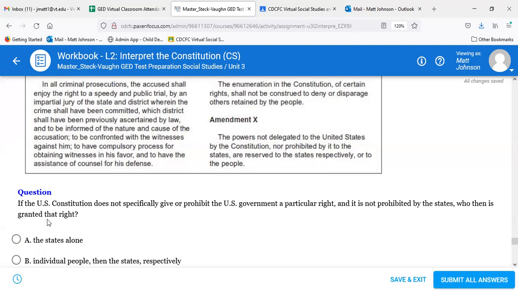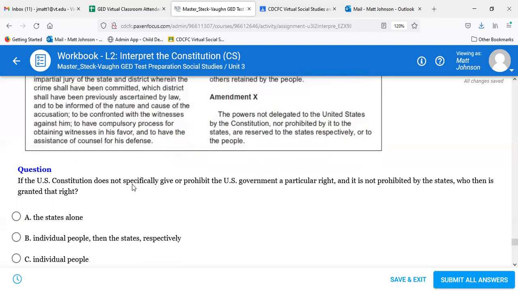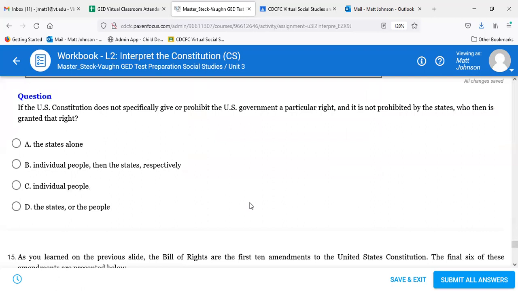If the U.S. Constitution does not specifically give or prohibit the U.S. government a particular right, and it is not prohibited by the states, who then is granted that right? A, the states alone. B, individual people, then the state respectively. C, individual people. And D, the states or the people. C. D, the states or the people.